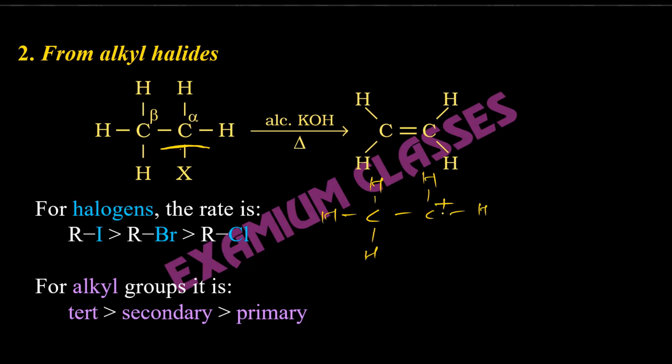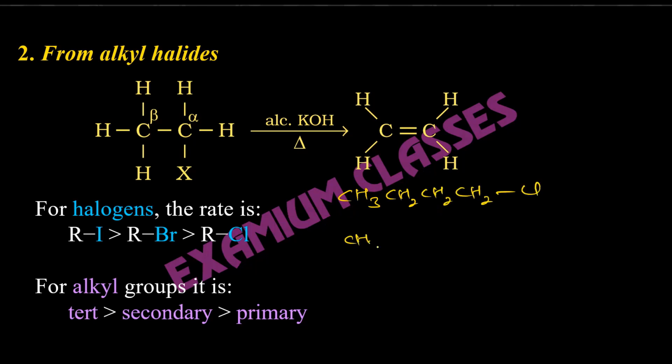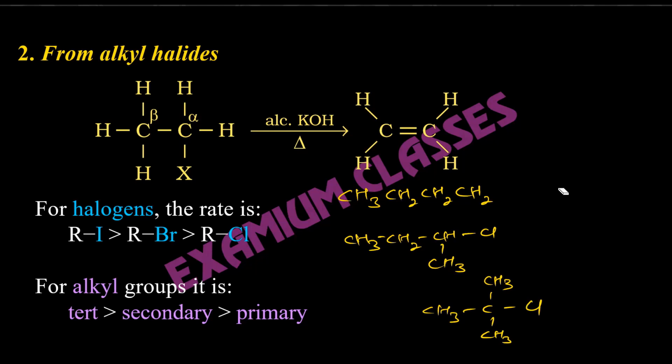So if I write it the way I had written, CH3CH2CH2CH2Cl, CH3CH2CHClCH3, then CH3C(CH3)(CH3)Cl. When chlorine goes away, this will be a cation, this will be a cation, this will be a cation.